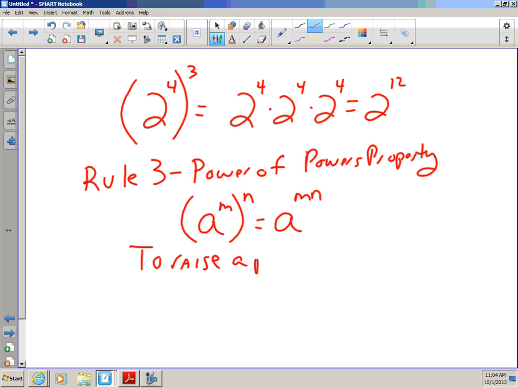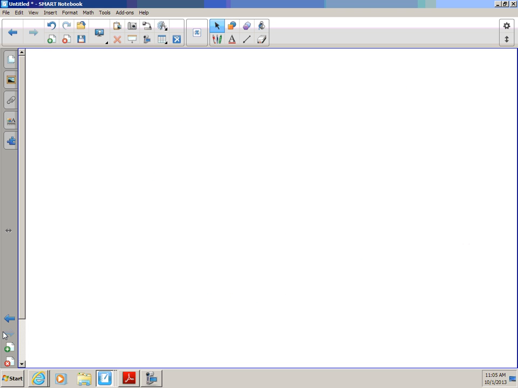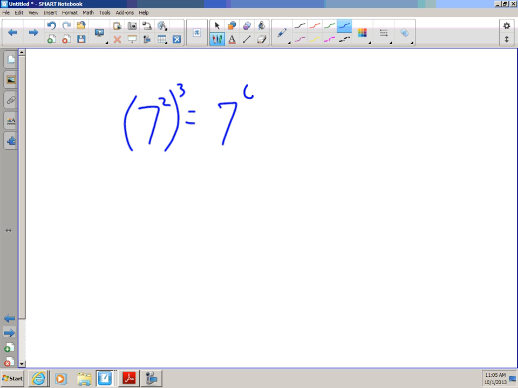So to raise a power to a power, multiply the exponents. Okay? So to go through a couple of examples here, if I have 7 squared to the 3rd power, then that simply is 7 to the 6th power.